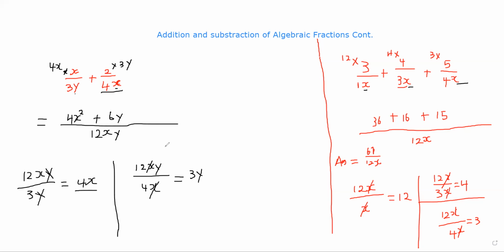In the first example that we did, we had like terms at the top, so we could just add them and get one thing. But in this case, we have an x squared and a y, and they are unlike, so we can't do anything with that. So the answer would therefore be 4x squared plus 6y divided by 12xy.